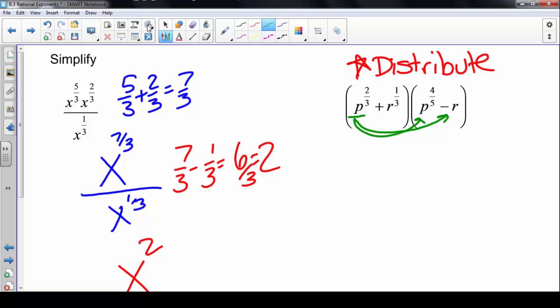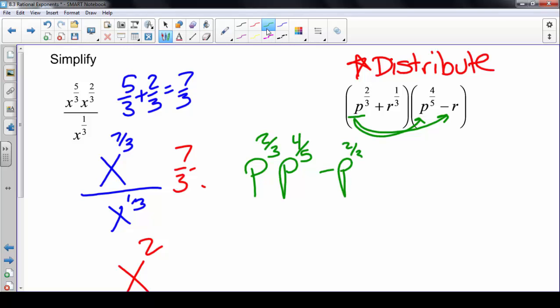I'm going to erase some of the work from the other one. And for right now, I'm just going to write it out and worry about my exponents later. And then remember, this one then gets distributed to both as well.